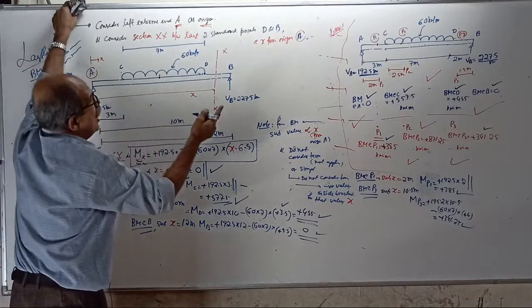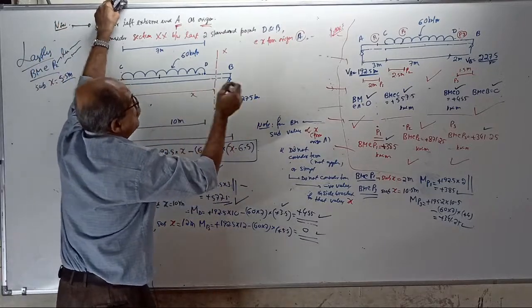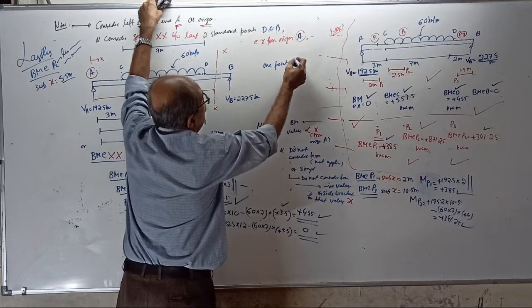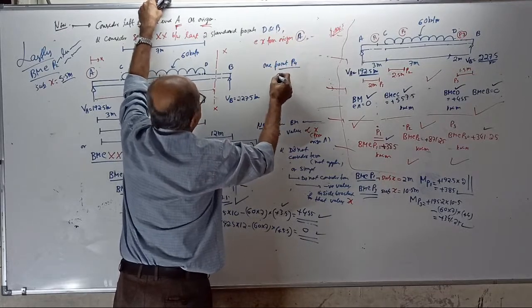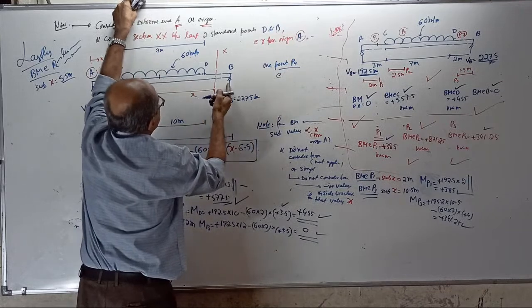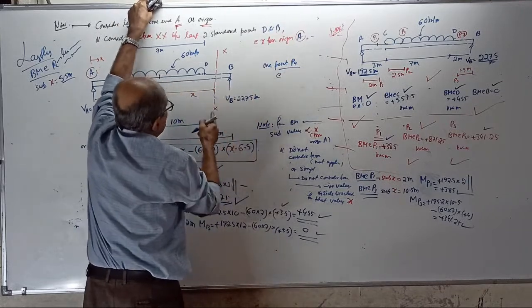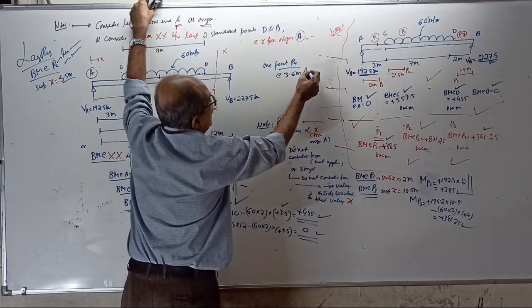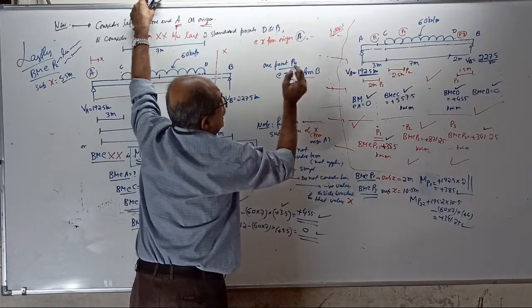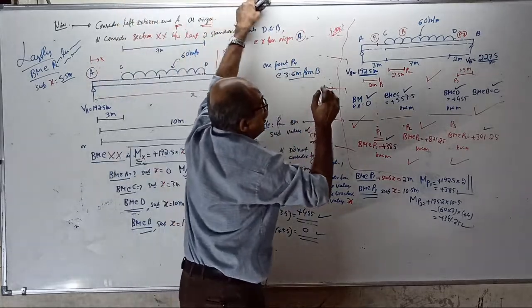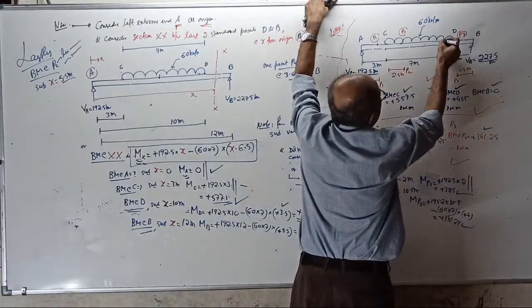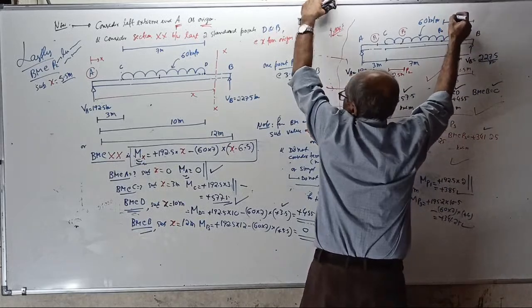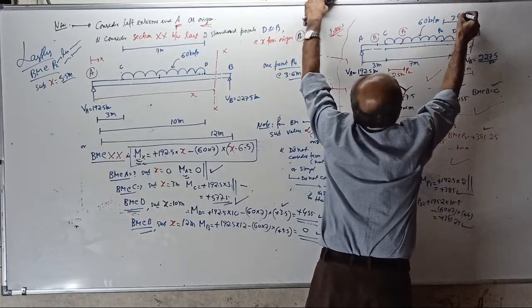And do one thing: not only P2, I want one more point, P4, which is 3.6 meter from B on the right side. I want one more point P4 somewhere here, at 3.6 meter from here.